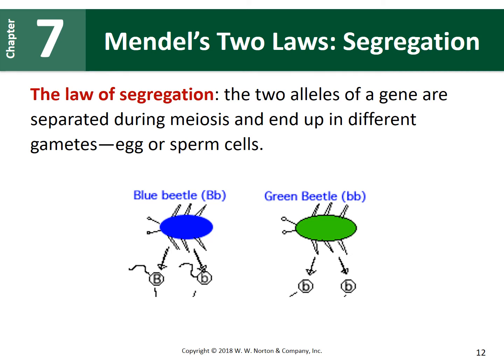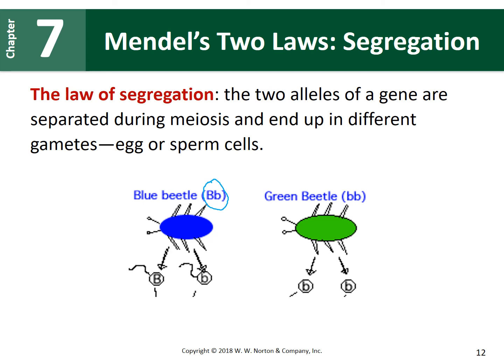So for example, here, if we have a blue beetle that has the genotype big B, little b, when this blue beetle produces gametes, that big B goes into one gamete, the little b goes into the second gamete. So those 2 alleles are separated, or segregated, from each other into different gametes.